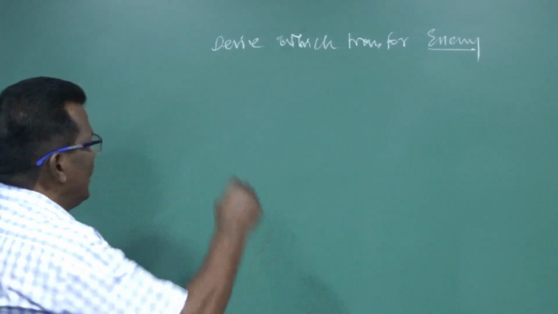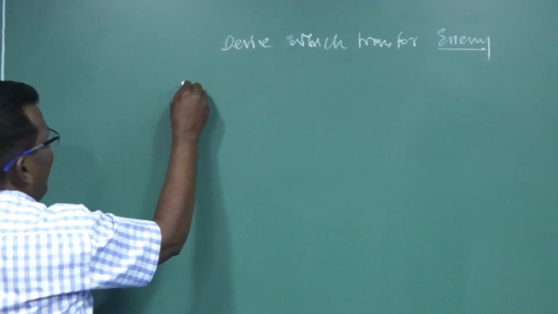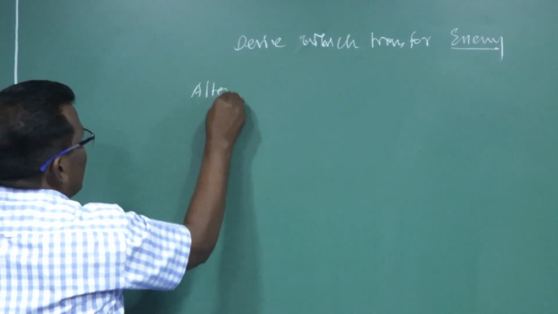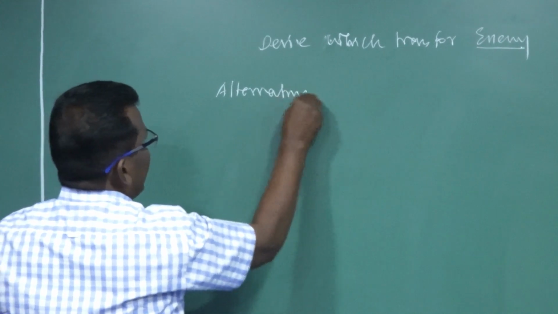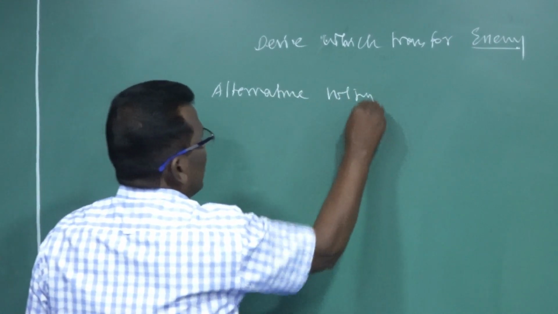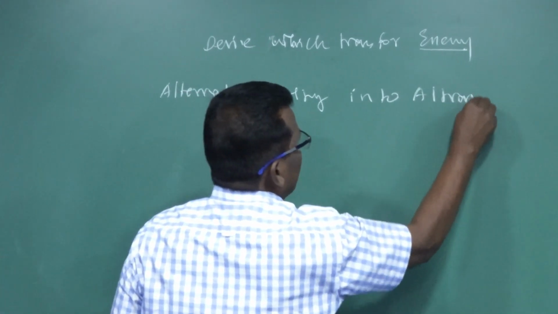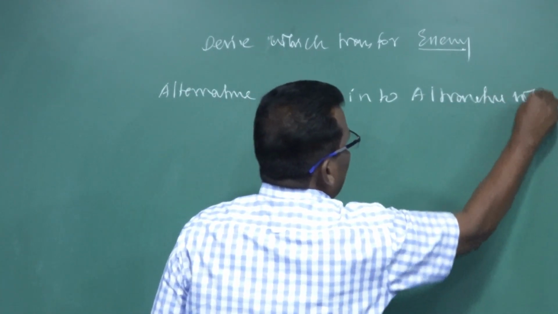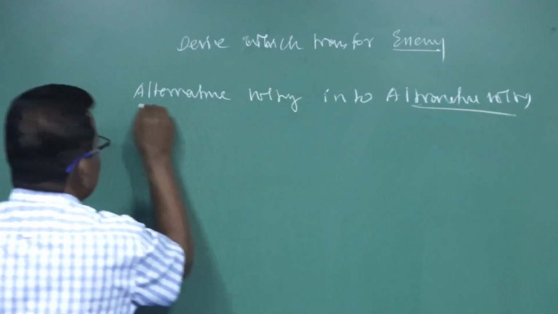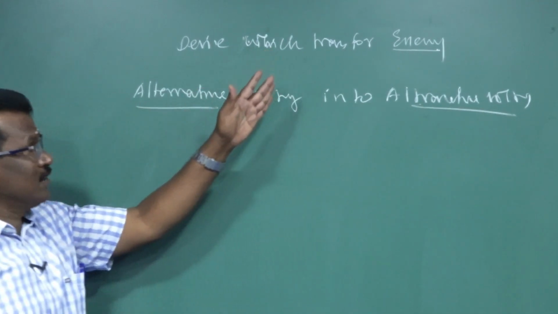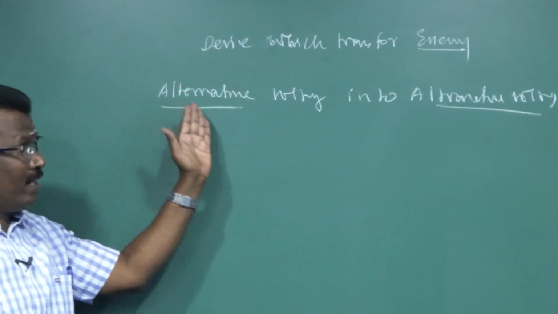That means it transforms alternating voltage into alternating voltage. So the transformer transforms alternating voltage to alternating voltage.